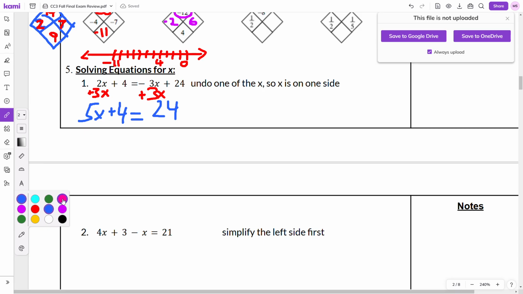Then you subtract 4 on both sides. And what you get is 5x equals 20. Last step, we can divide both sides by 5. And if you divide both sides by 5, you get x equals 4.